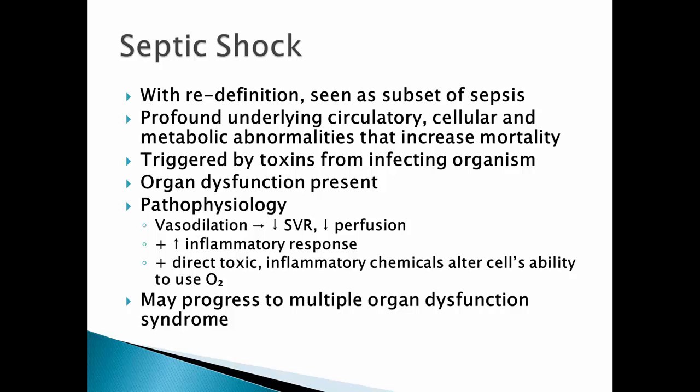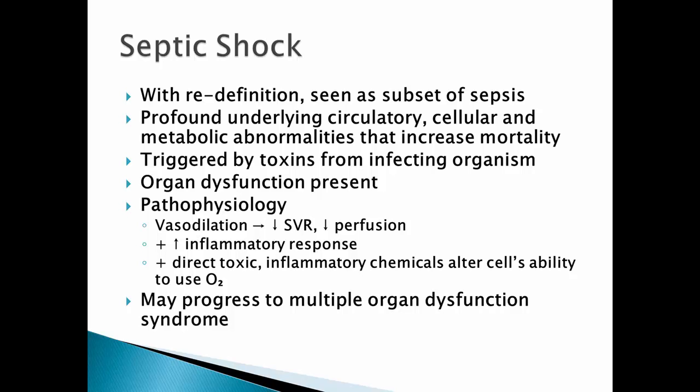So a closer look at that pathophysiology one more time. What's happening? Well, you have the inflammatory mediators, and there is significant vasodilation. Because of that vasodilation, there is a decrease in the systemic vascular resistance, and there is a decrease in perfusion. So when you think about someone with septic shock, this is someone who has very warm and dry skin, as opposed to someone with a hypovolemic or a cardiogenic shock that would present as very cold and clammy.